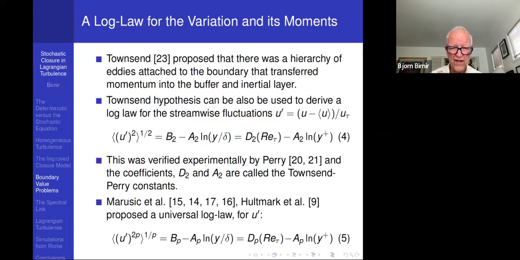This was later verified experimentally by Perry, and these coefficients, D and A, are called the Townsend-Perry constants. Later on, people who were studying pipe flow proposed a universal log law for all the moments of the fluctuation, with new constants, where y plus is the distance from the boundary, and these new coefficients, dp and ap, are called the generalized Townsend-Perry constants.